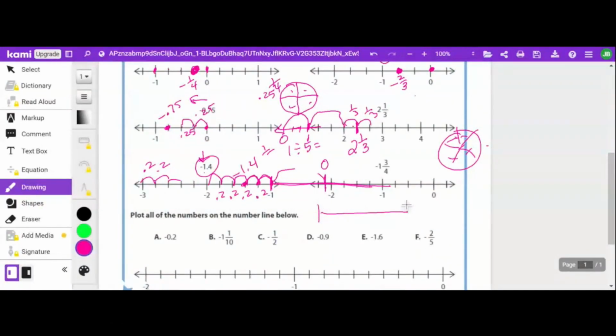Okay, so we took one section and we divided it into 5 equal parts. 1, 2, 3, 4, 5. So this makes up one whole section. And so each chunk is a fifth, because we have 5 chunks.